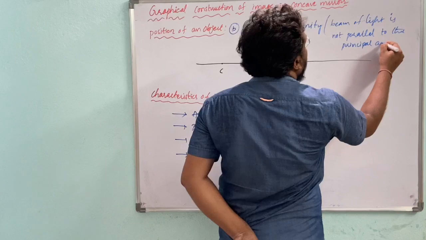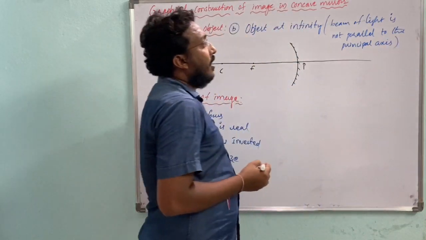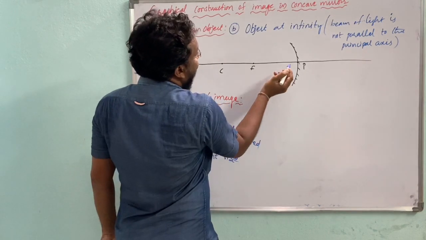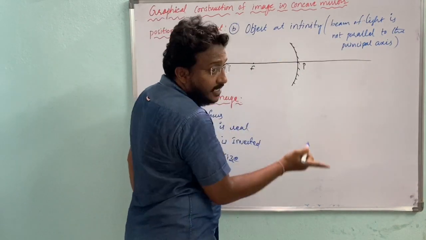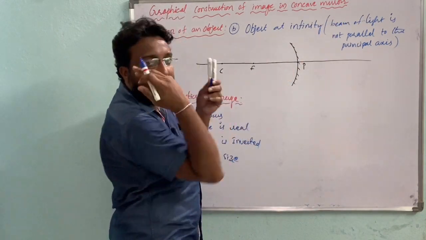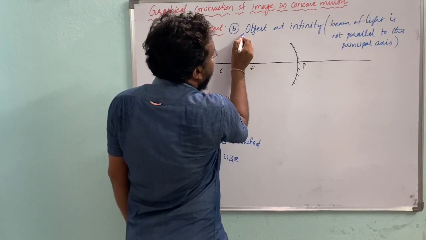The beam of light is parallel, but that parallel beam is not parallel to the principal axis.